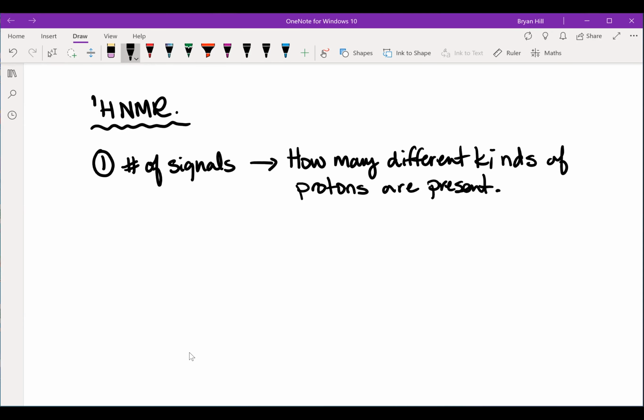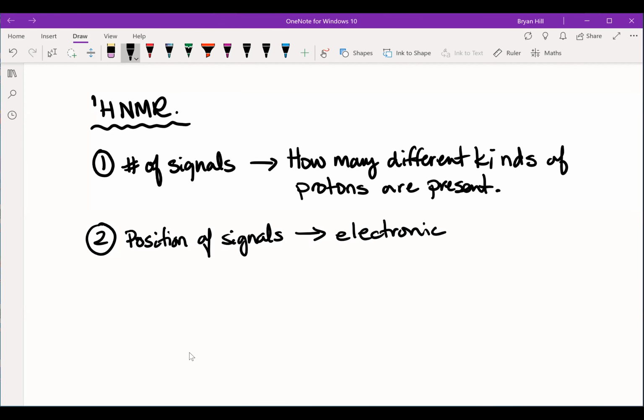We'll go into detail for all of these things. The second thing is the position of the signals, because this is going to tell us basically the electronic environment.